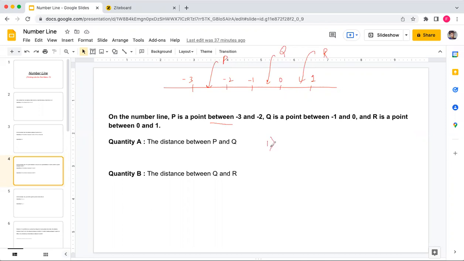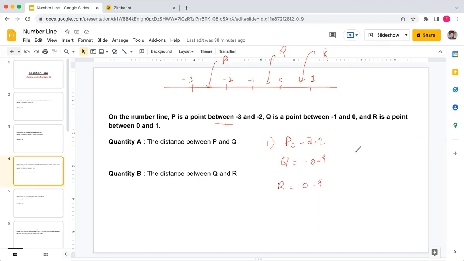First, consider P very close to -2, for example -1.9, and Q very close to -1, say -0.9, and R very close to 1, that is 0.9.